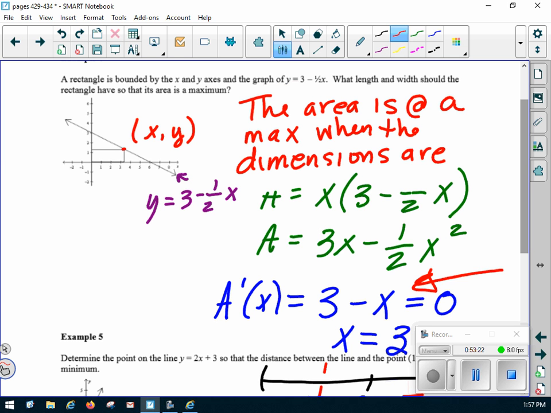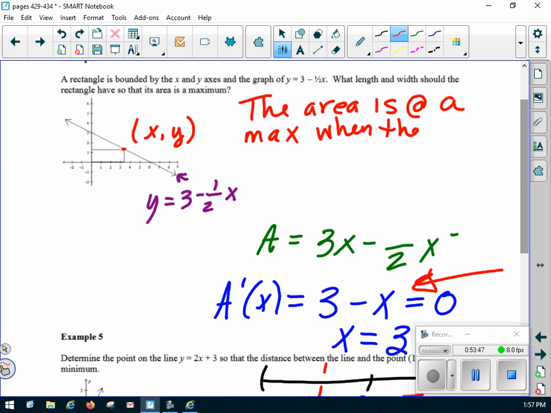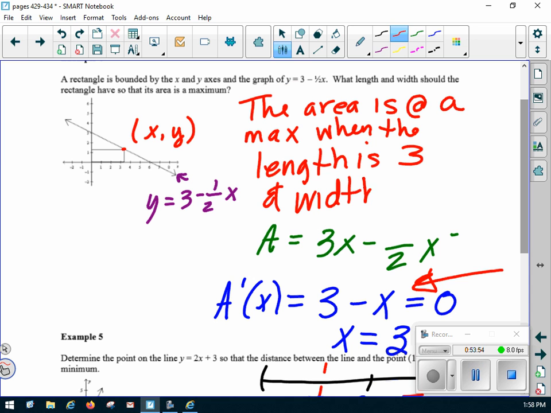The area is at a max. Okay, so when the dimensions are what? 3 by. Now, we got to be careful. What's it asking? It says the length and the width. So we better restate that, eh? When the length is 3 and the width is 3 halves.